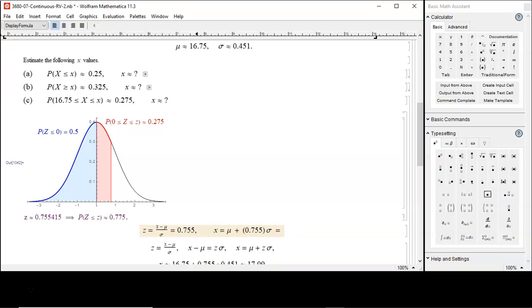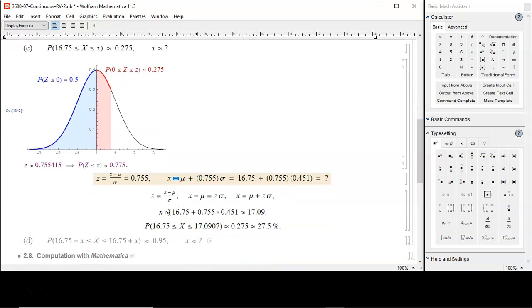And that's going to be equal to, let's see, 16.75 plus 0.755 times 0.451, and run your calculator, you're going to get something. By the way, all these should be approximate equality because nothing is accurate in statistics. So for the formula, this is correct, but otherwise, they're going to be all approximate equality signs. And if you do your computation, you're supposed to get 17.09.